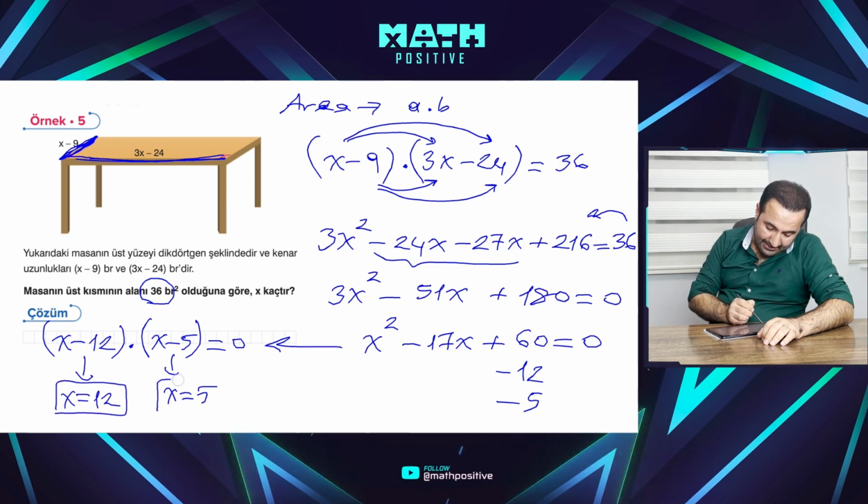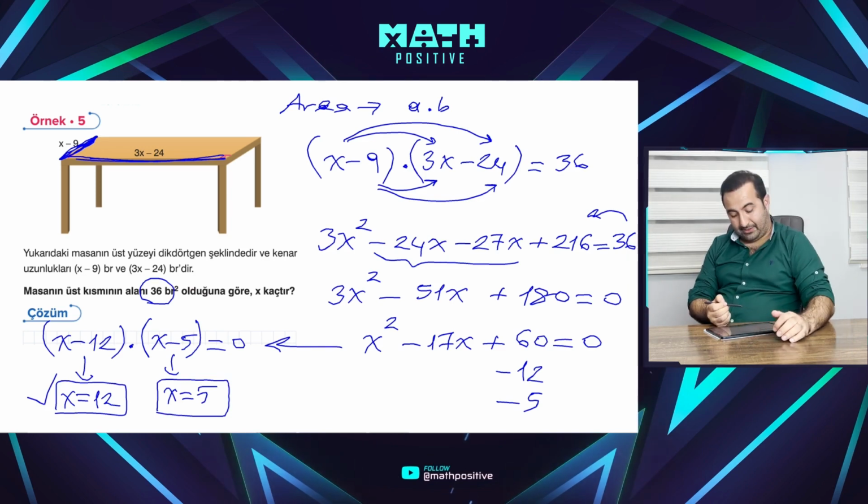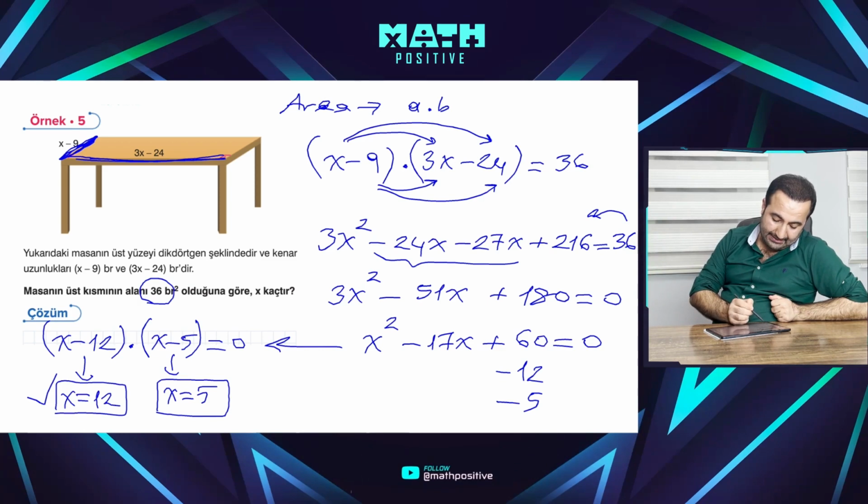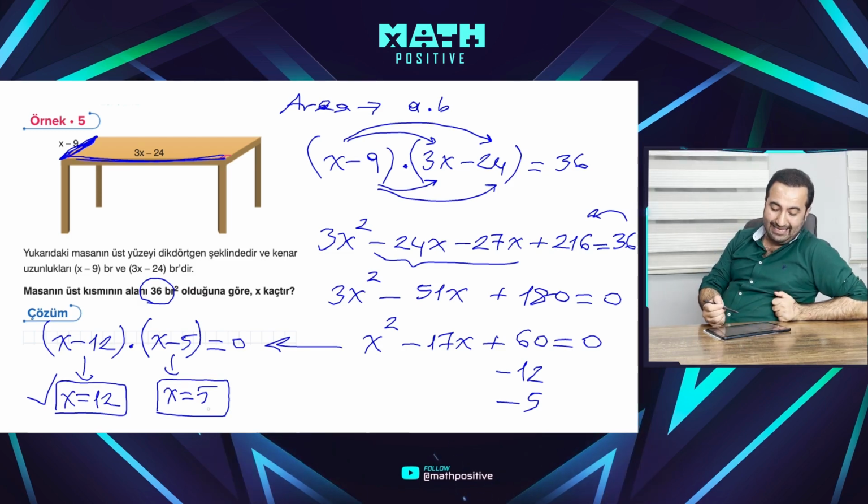So x may be 12 or x may be 5, which we find from our equation, but x must be 12, because if x equals 5, we will have negative lengths, which makes no sense.